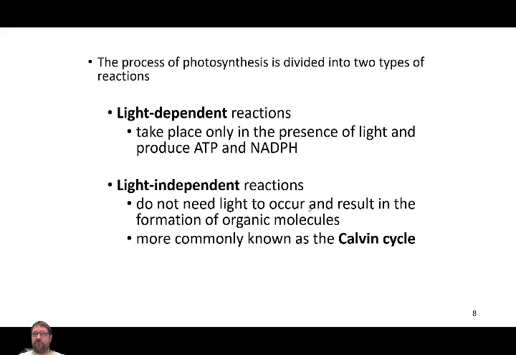So no photons needed, no sunlight needed. So sometimes it occurs at night, sometimes it occurs during the day, but there's no input from sunlight needed. Because the energy for this reaction is coming from the light-dependent reaction in the form of that ATP and NADPH. Okay.